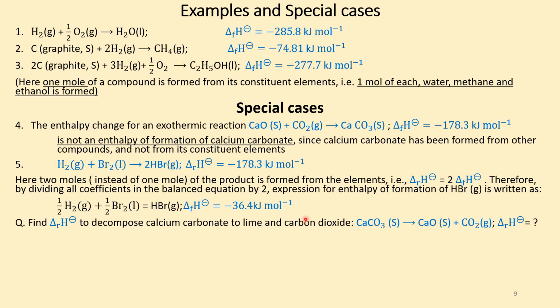Let us consider one question. To find the ΔrH° to decompose calcium carbonate to lime and carbon dioxide, that is CaCO3 in solid state decomposes to form CaO in solid state plus CO2 in gaseous state.